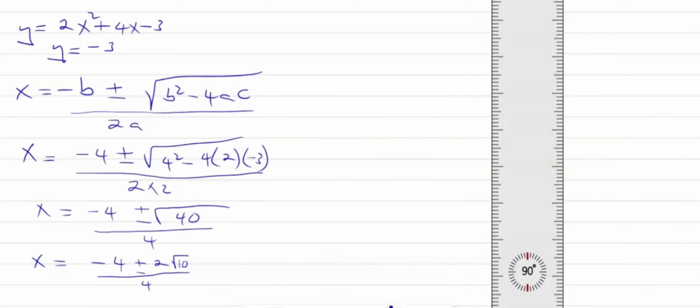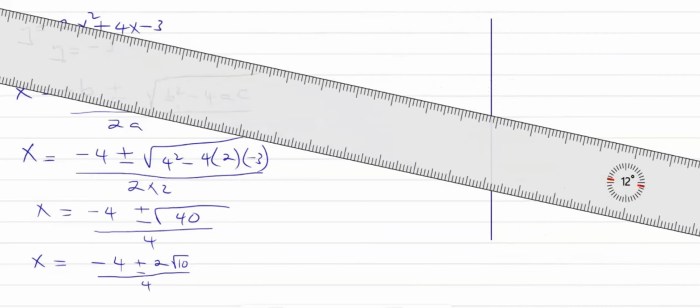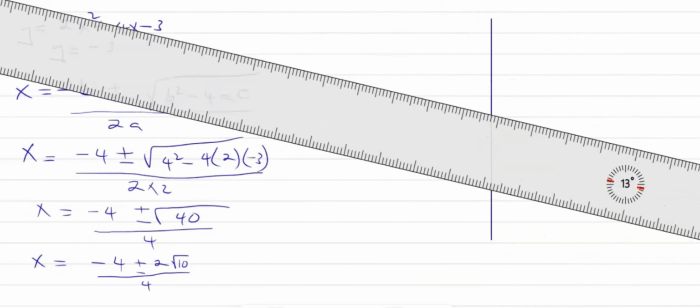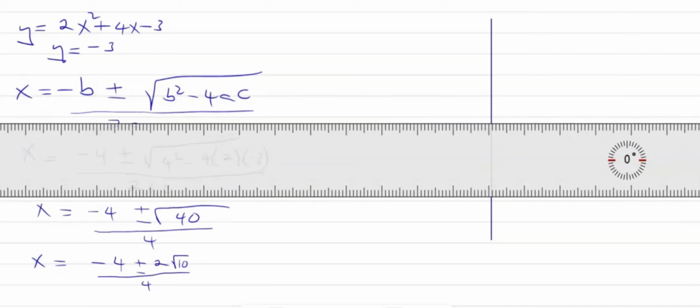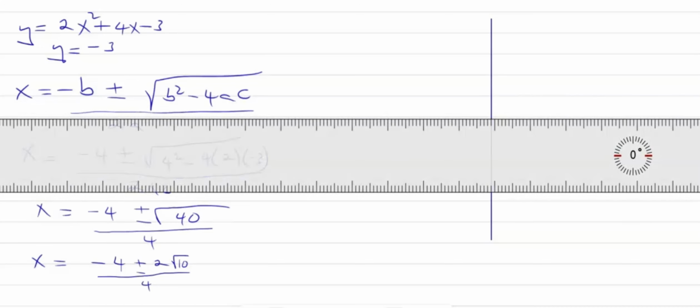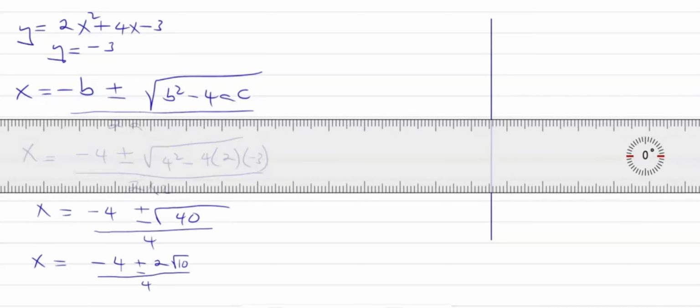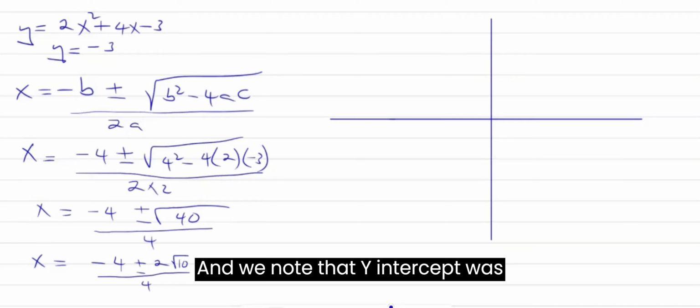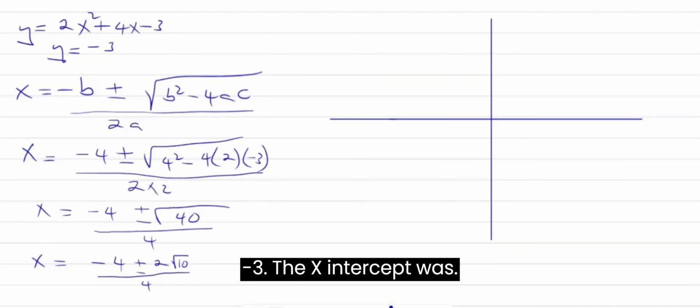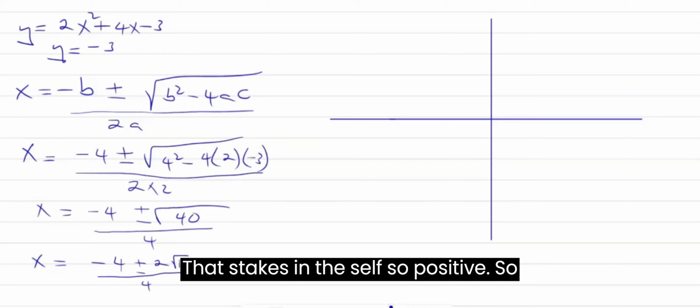So if I sketch it, we know the y-intercept was -3, the x-intercept was, that's the x-intercept, so positive.